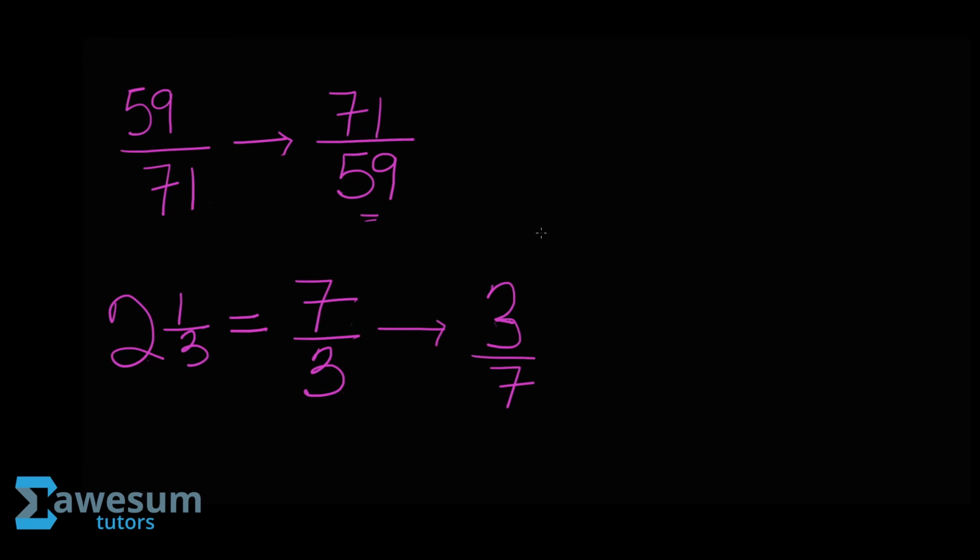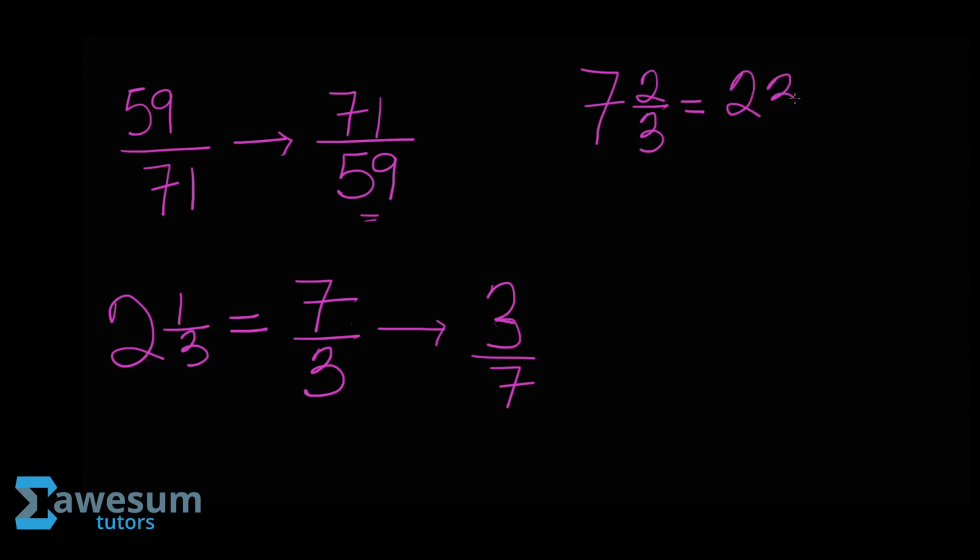Okay, let us look at one more example using a mixed fraction. 7 whole number 2 over 3. Let us find the reciprocal of this. The first thing you also want to do here is to convert this to an improper fraction. How do we convert this to an improper fraction? This is going to be 7 times 3, 21. 21 plus 2, 23.